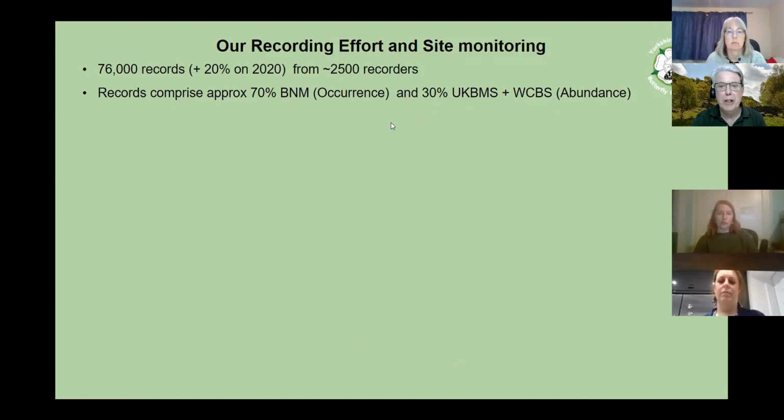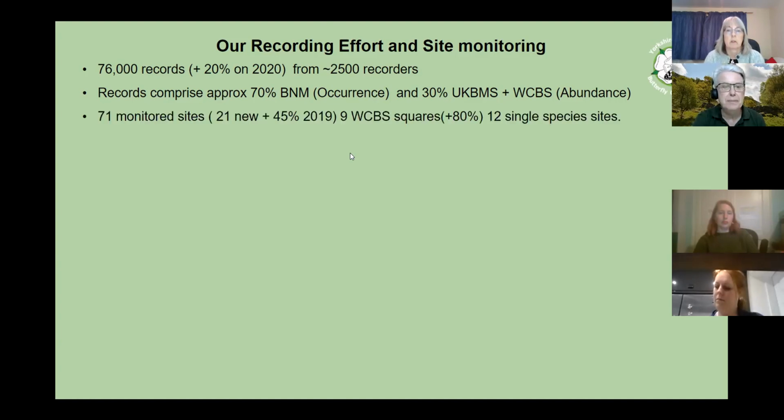Now, the key work that we do is this work, which is the abundance measurements. So we have 71 monitored sites, 21 new this year, so a 45% rise since 2019. We have 9 WCBS squares. Those are random squares scattered through the countryside.